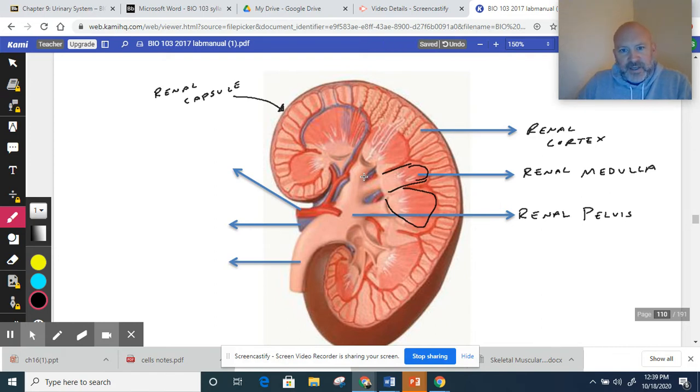It's in the hilus here that we have 3 tubes going in and out. They include the renal artery, which we described the function already. This brings unfiltered blood in, and then the renal vein brings the filtered blood out. And then we have the ureters.